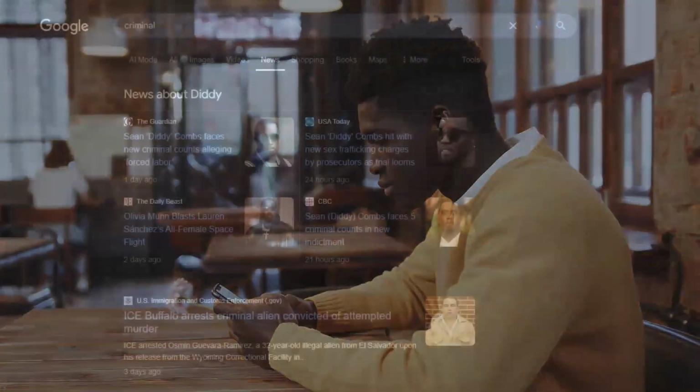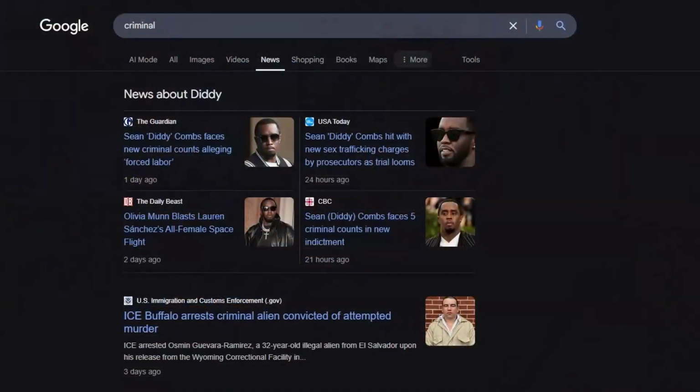If you Googled, and this was a few days ago, "criminal" as a search term, these are the images that came up. We have pictures of Sean Diddy Combs, but more importantly, we have pictures of a black male with the word criminal. We were looking for criminal and we found pictures of black males. In that instant, consuming this media, you have strengthened that association between criminal and black male.